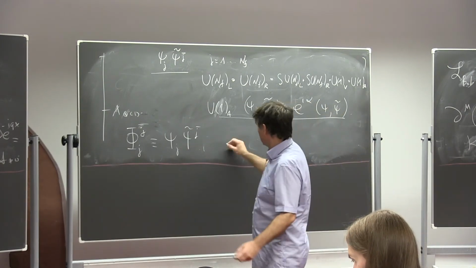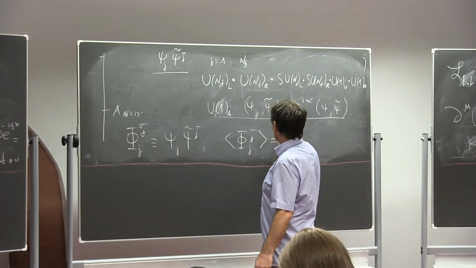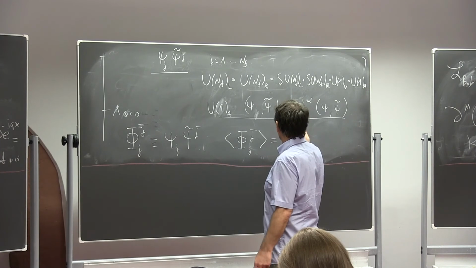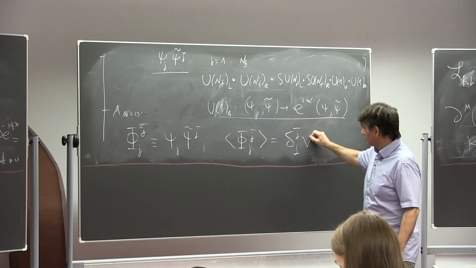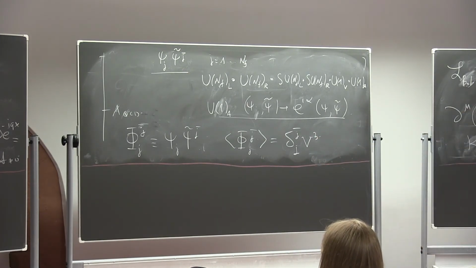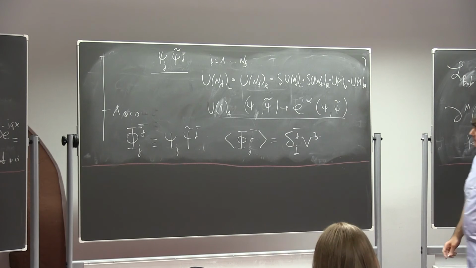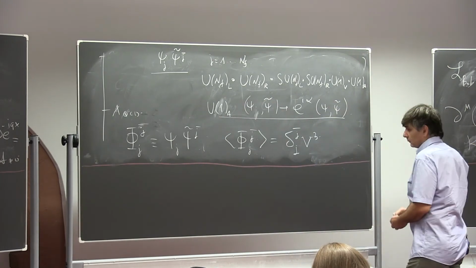So this expectation value is proportional to delta, times a scale, of course, some V cubed or whatever.